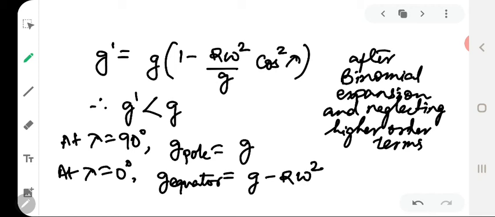Hence the maximum effect of rotational motion of the earth on the value of g is at the equator. From the values of g at the poles and the equator, it follows that the value of g at a place increases with the increase in the latitude of the place.